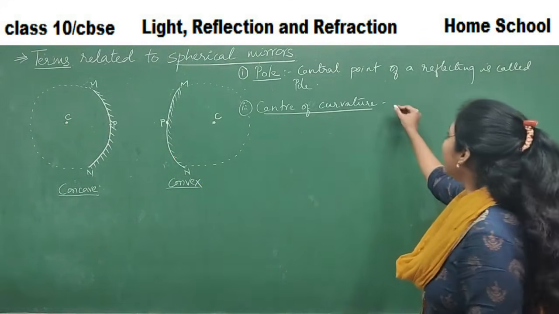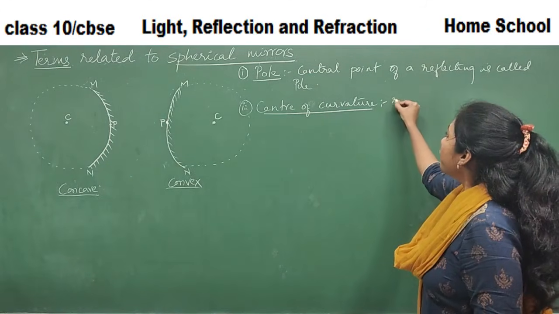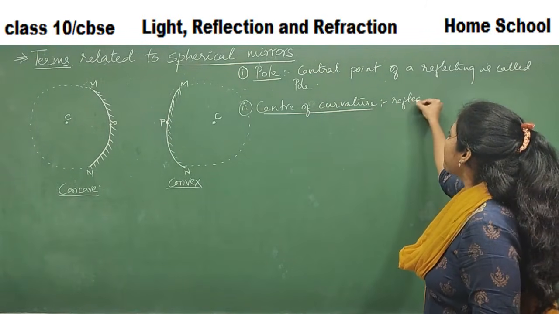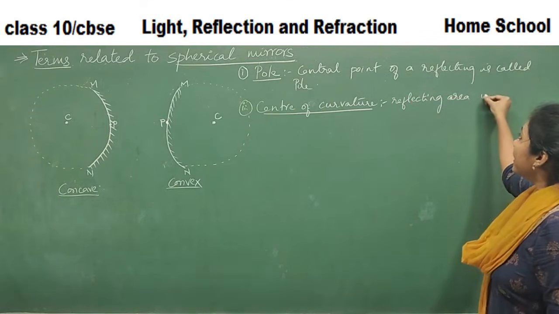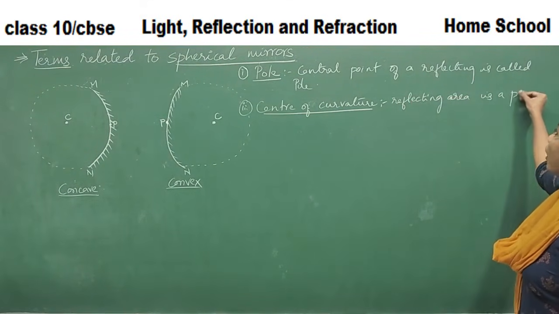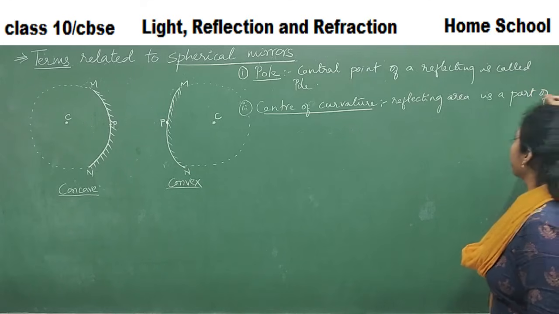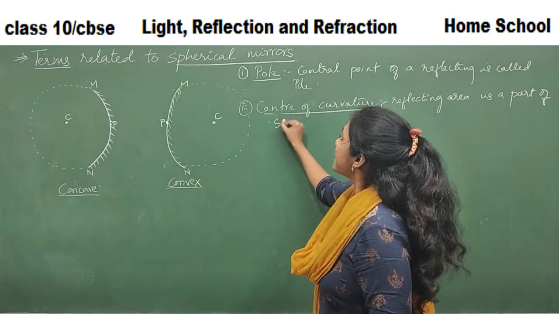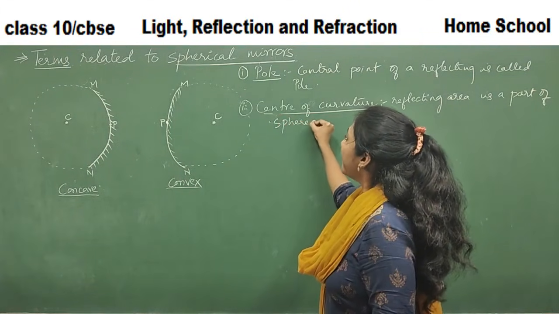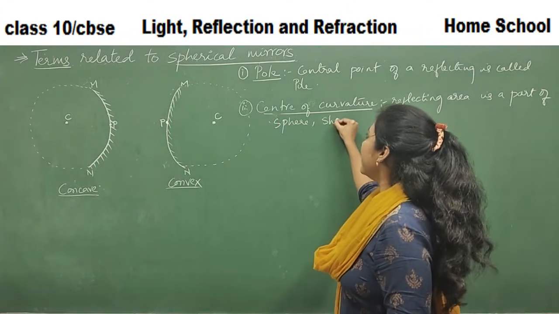So what I will write here is: reflecting part, or reflecting area, is a part of a sphere. A sphere will have a center, yes or no?